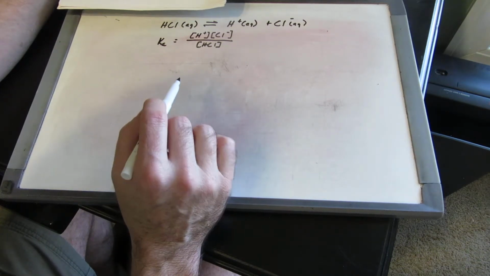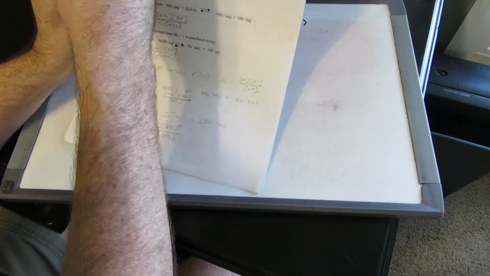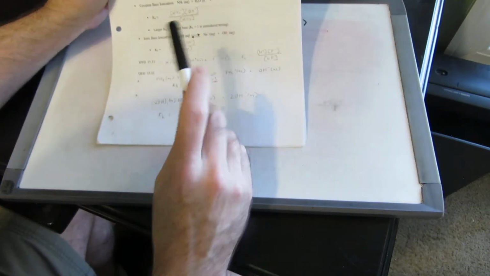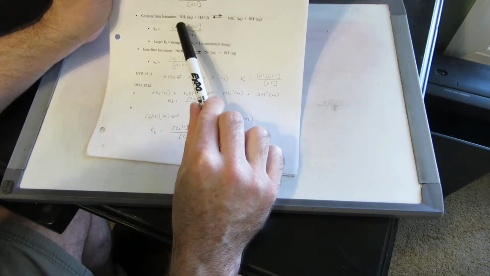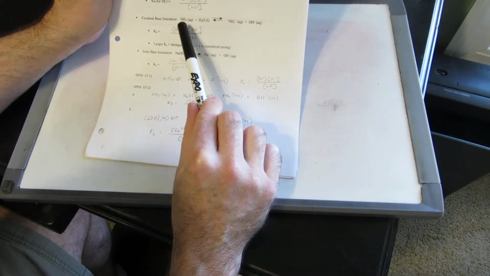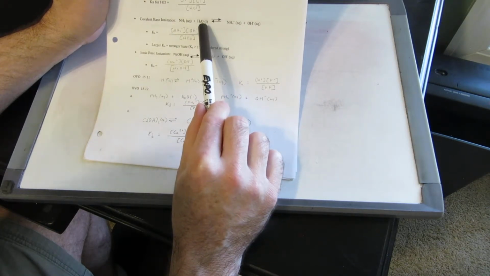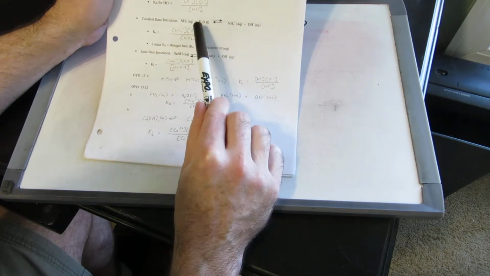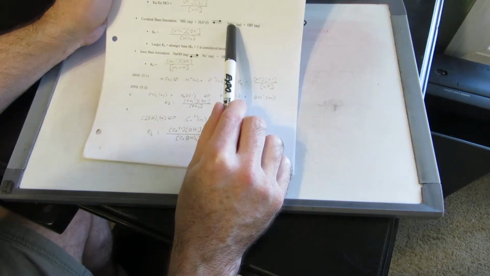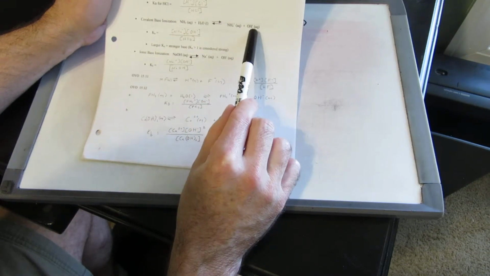All right, you can do the same thing for a base. We call that K sub B. So for a covalent base, a non-hydroxide base, we'll get to that in a minute, we have, for example, NH3, aqueous. We add liquid water to that, and the covalent base will take a hydrogen from that liquid water and take it to NH4 plus, and what's left of that liquid water is an OH minus.